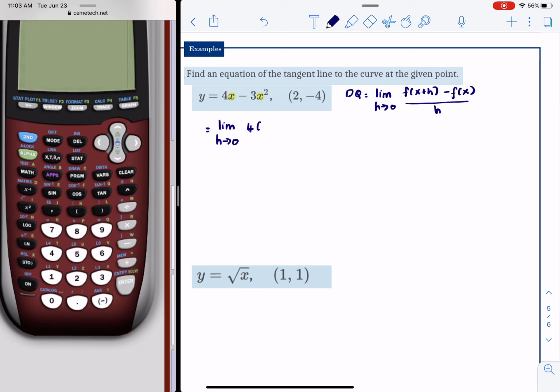So 4 times x plus h minus 3 times x plus h squared. That is the f of x plus h part, minus 4x minus 3x squared. That is the f of x part. So that is f of x plus h minus f of x, and divide by h.